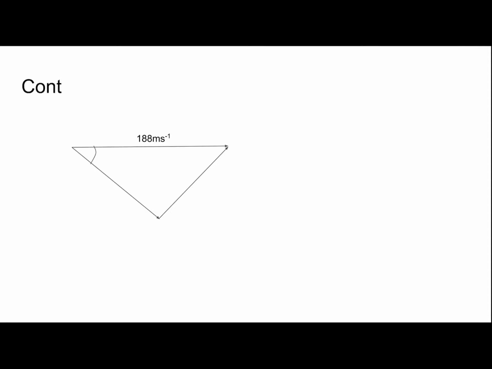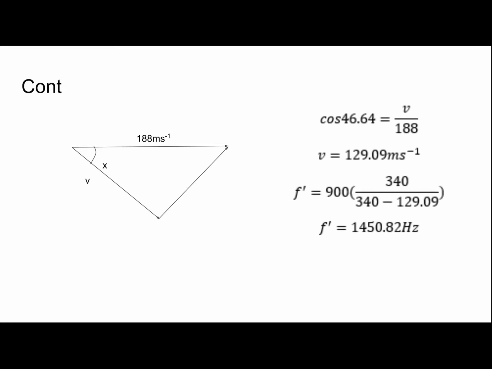And we know that x, we just figured it out, was 46.64. Therefore we can now see the component acting in the same direction as Kevin, so how the waves would travel to Kevin. That component V: cos 46.64 equals V over 188.